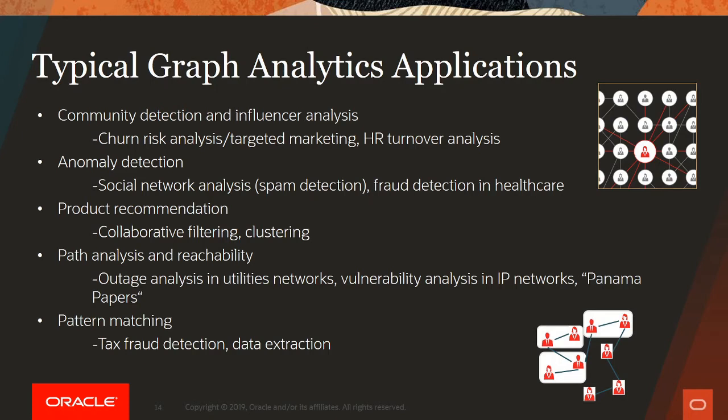You can also do product recommendation by seeing patterns in the graph. You can also do pattern matching. One use case is tax fraud detection, for example. And there are other use cases, as you can see on this slide as well.